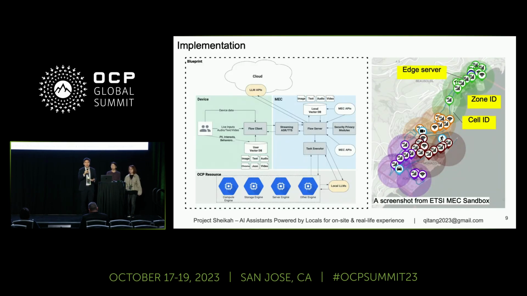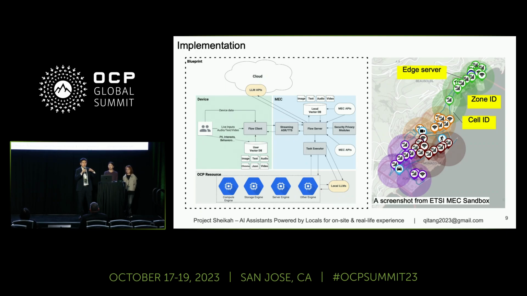For the implementation, we have basically three parts. On the app side, we developed the user interface app, a chat box where the user types in text and uploads image or audio files to the MEC server, which is hosted on the edge server that has the vector database with the useful information.